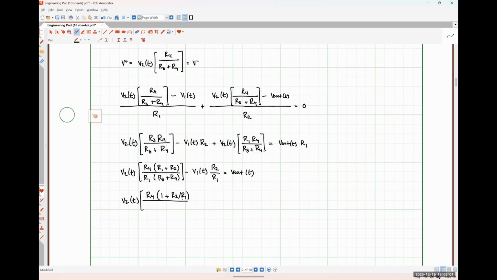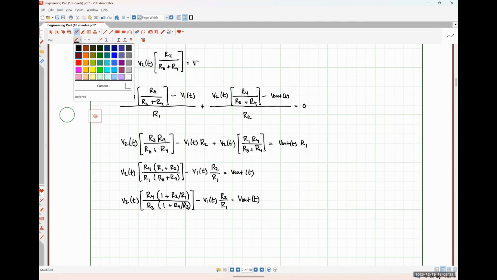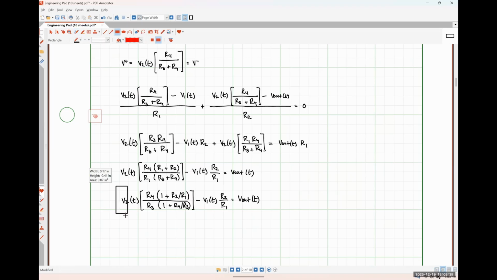And now what I'm going to do is I'm going to pull an R3 out of that R3 plus R4 term in the denominator. So if I pull that R3 out, I'll be left with 1 plus R4 over R3 down here. And this is my final input-output relationship for my instrumentation amplifier.